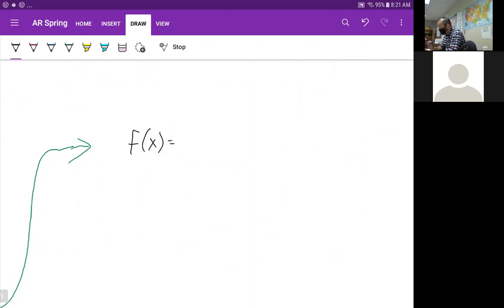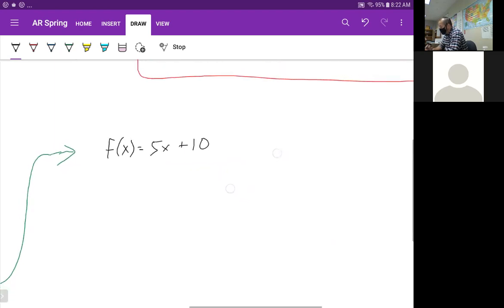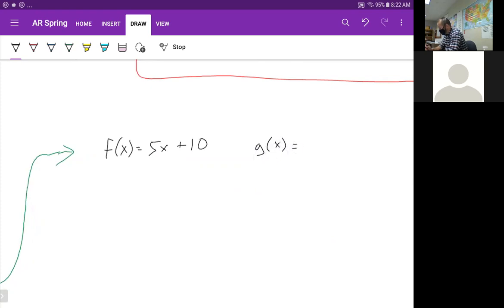Let's say f of x equals, I don't know, 5x plus 10. And let's say g of x equals 1/2 x minus 4.